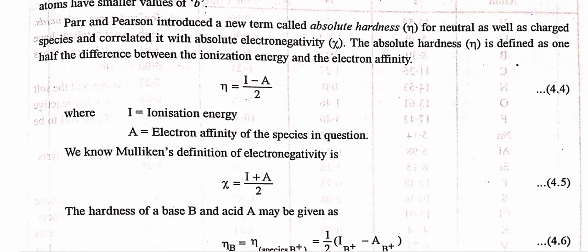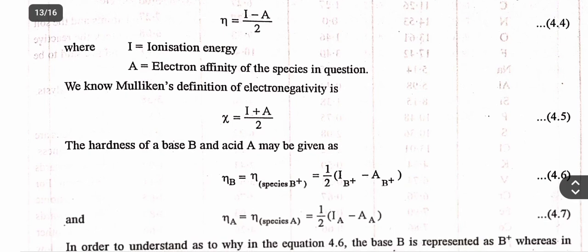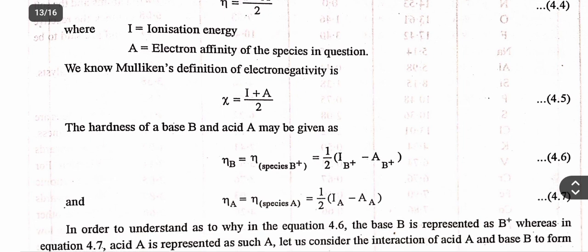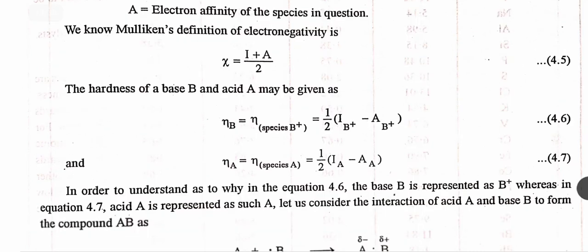We know Mulliken's definition of electronegativity is χ = (I + A)/2. The hardness of a base B and acid A may be given as, for base, η of B+ is equal to 1/2 (I of B+ minus A of B+).